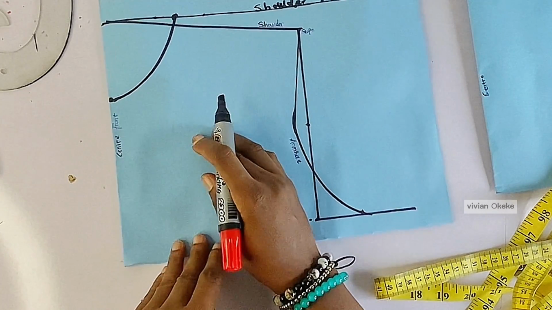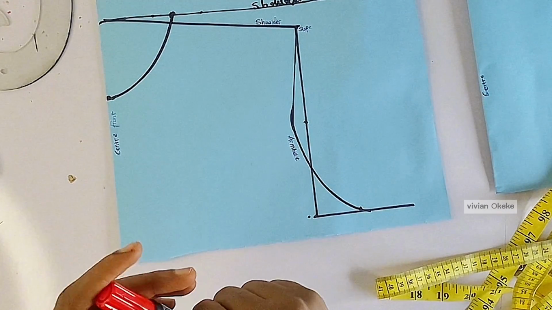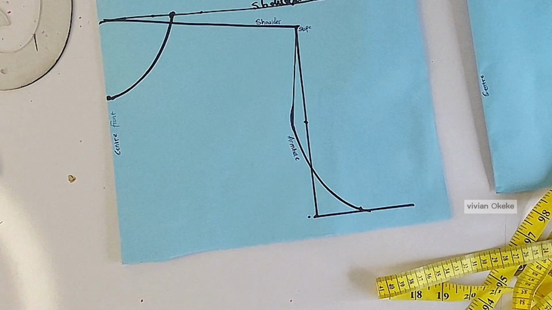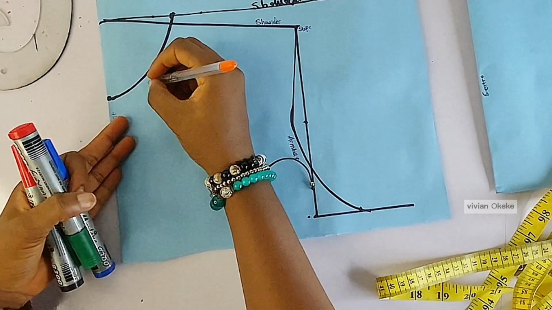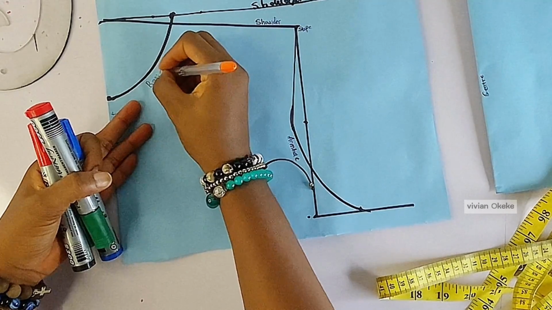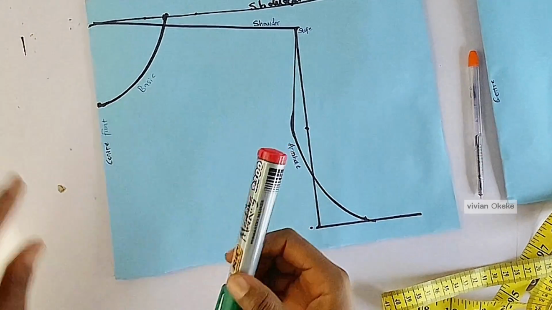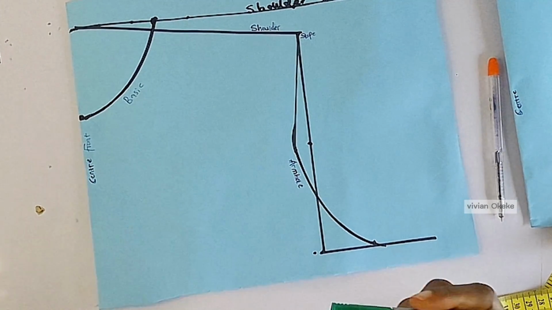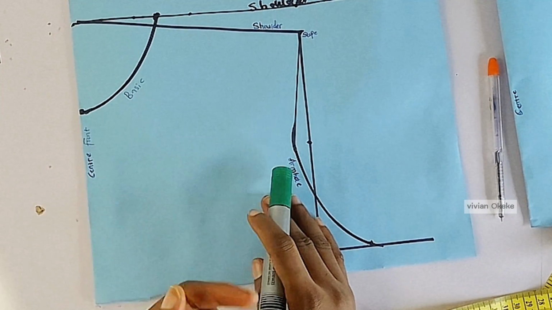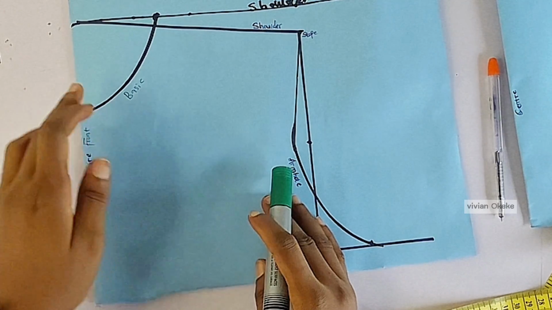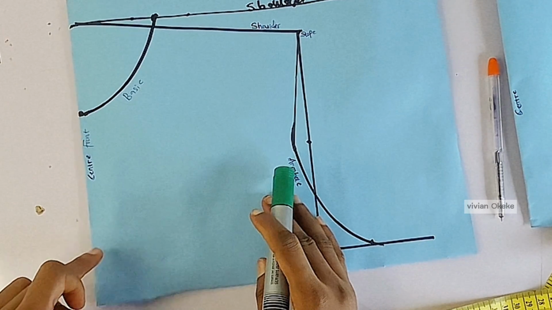Now let's adjust this pattern to a V-neck, and you will see how easy it is to adjust your basic neckline to a V-neck. This is the basic neckline. Because the V-neck is going to be in the front, this is the center front, and it's only going to affect the neck depth.